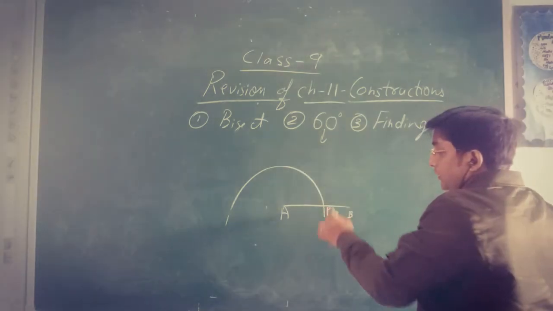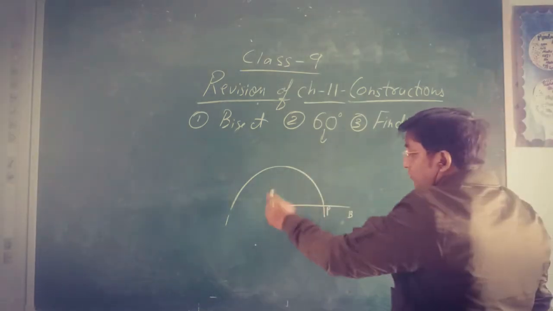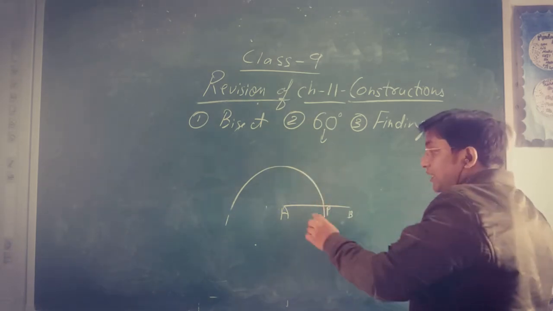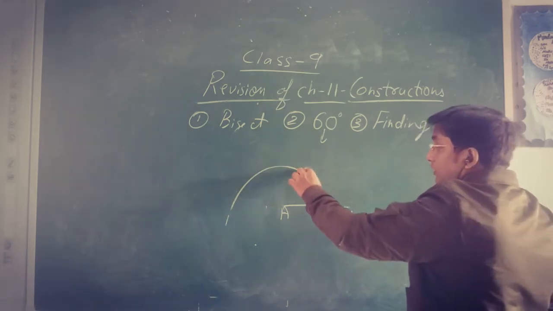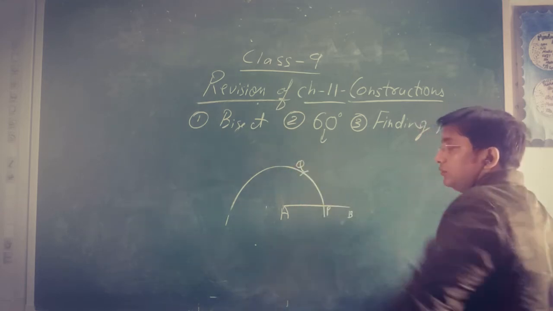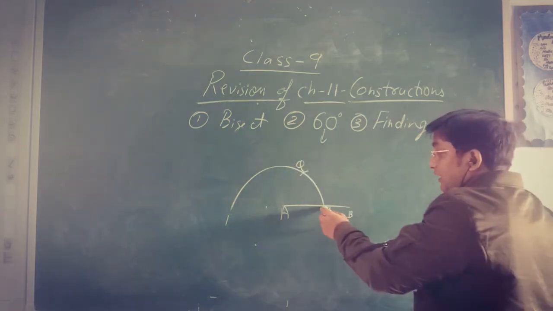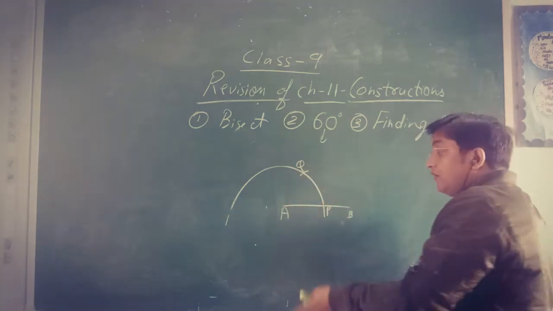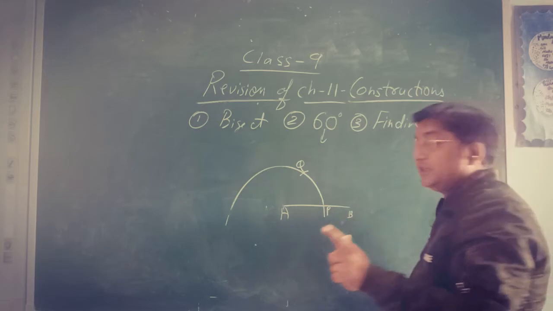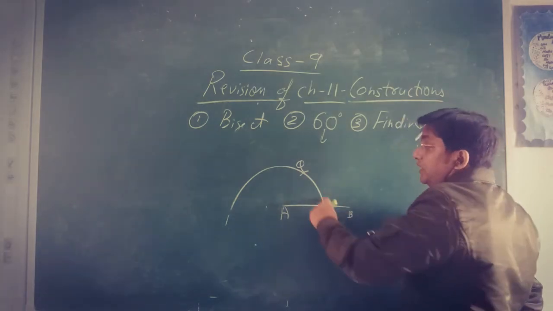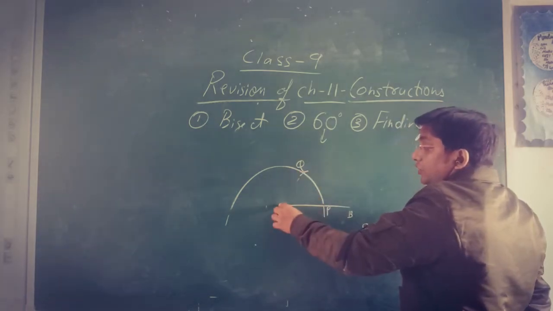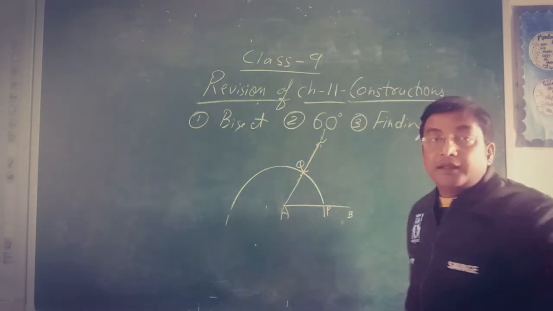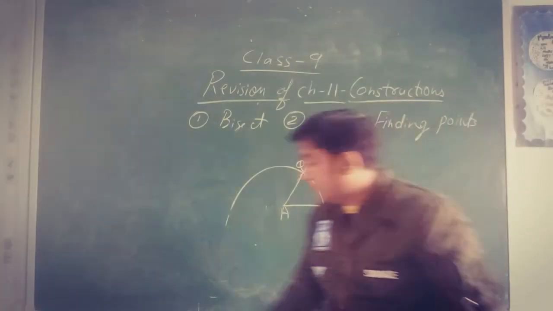This is P. With the same radius that you have taken, from P put an arc, Q. Remember, from A I have taken an arc with any radius. Now with the same radius, don't change the radius, otherwise it will be wrong, from P you will get Q. So when you join this, it will be 60 degrees.